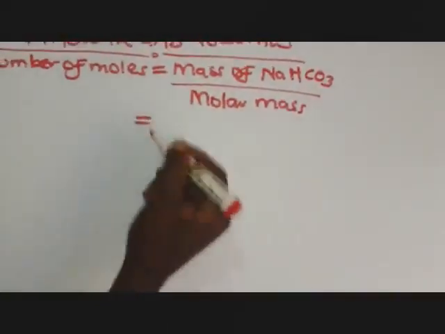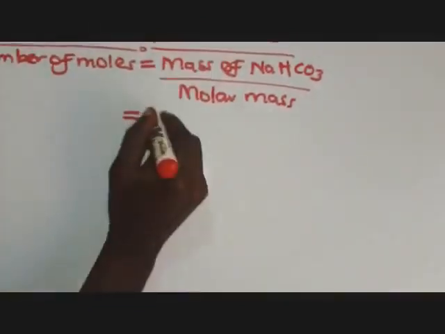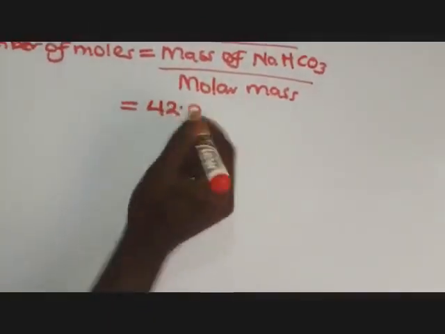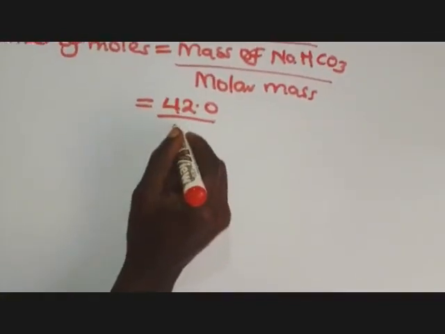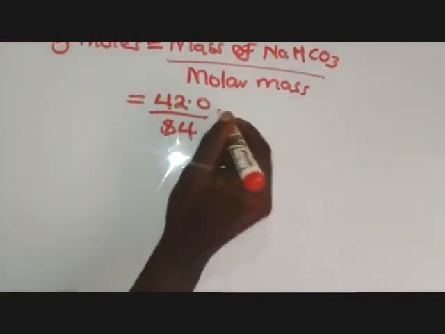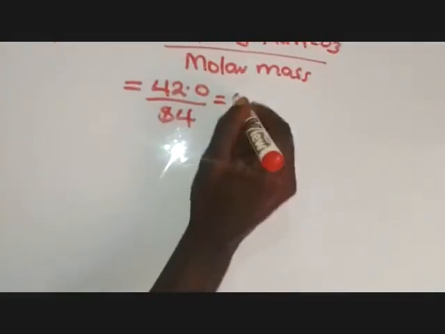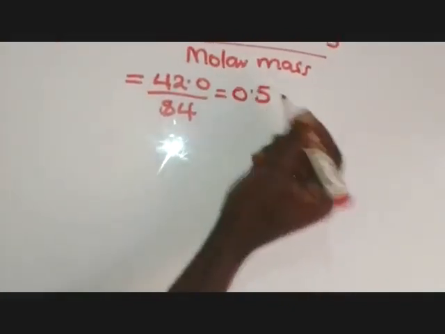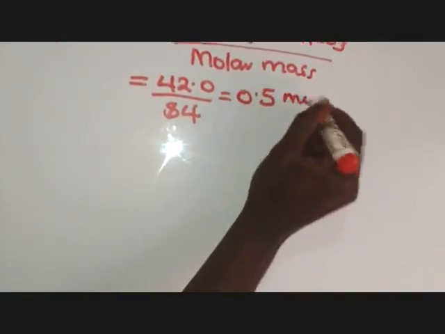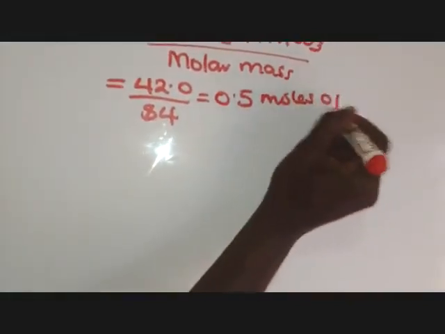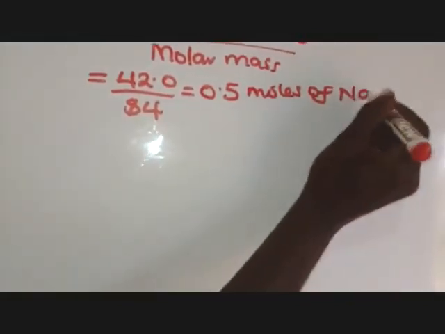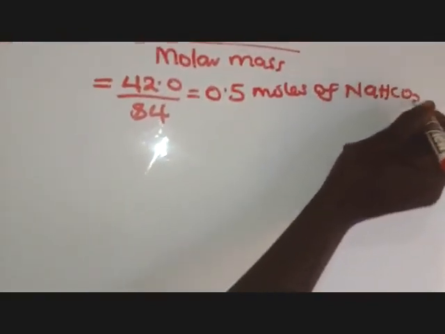Our mass was 42.0, divided by the molar mass which is 84. This gives us 0.5 moles of sodium hydrogen carbonate. Don't forget that.